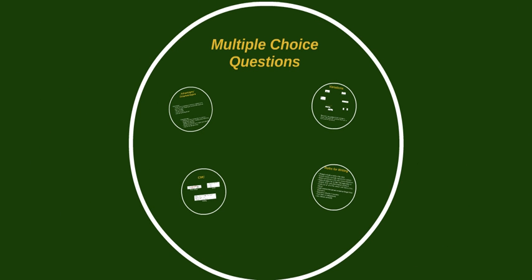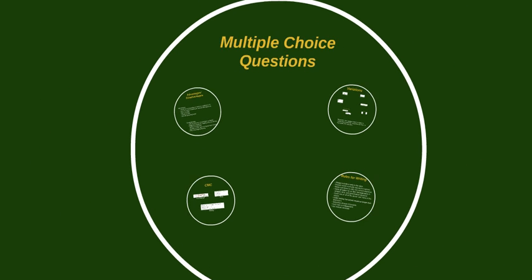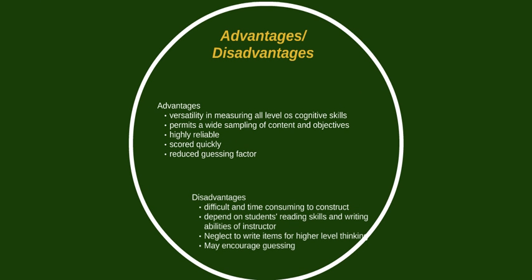All right, let's take a look first at multiple choice questions. There are advantages and disadvantages to using any of these types of questions. Here are the advantages and disadvantages for multiple choice. Of course, one of the best advantages is that they're highly, highly reliable.